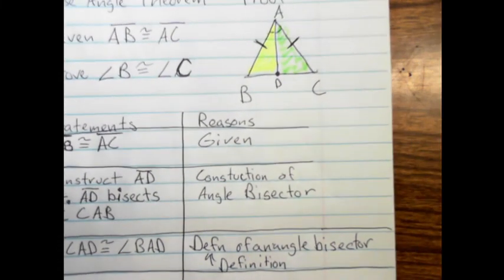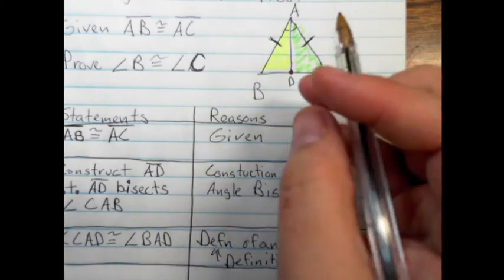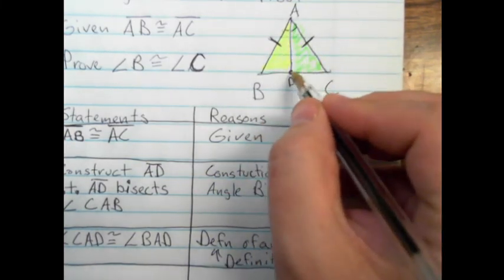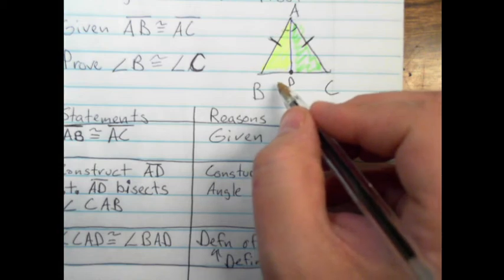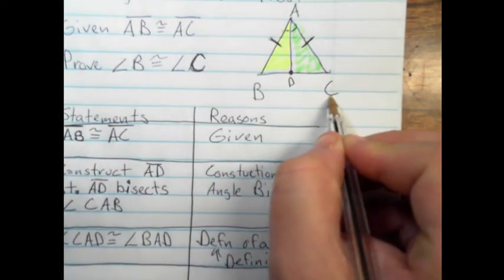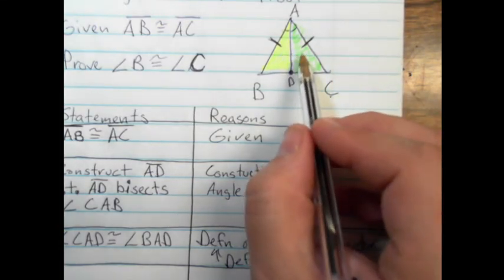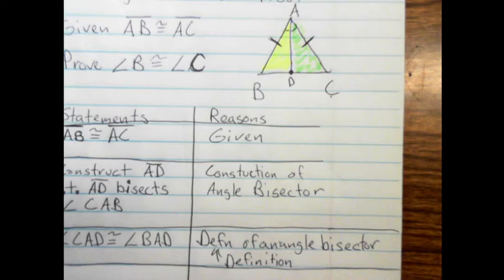By doing that angle bisector, I have two triangles there. Now, if I can prove that these two triangles are congruent, then I can prove that B and C are congruent. Does that make sense? How would I prove that these two triangles are congruent? Would it be the side angle side theorem? Side angle side. So now what's the second side?